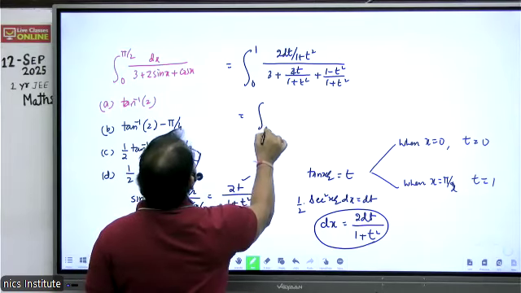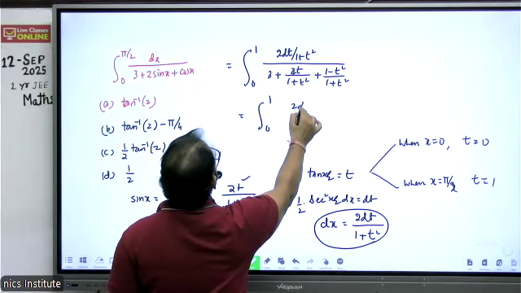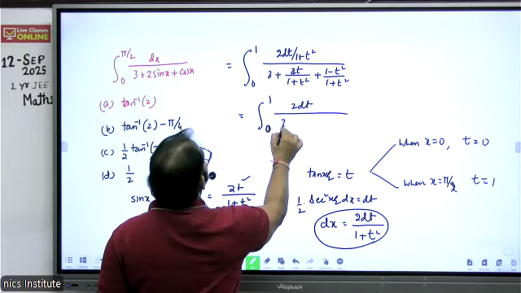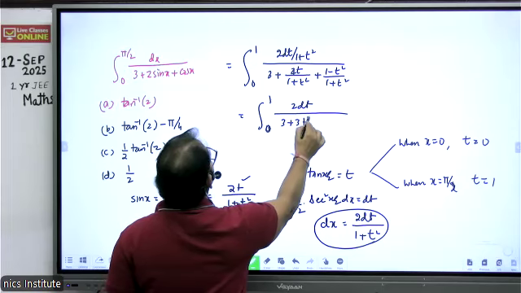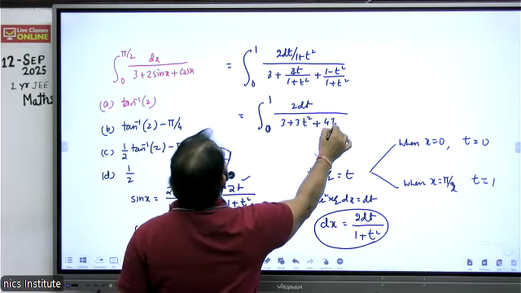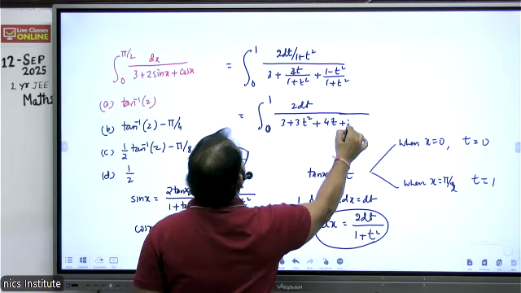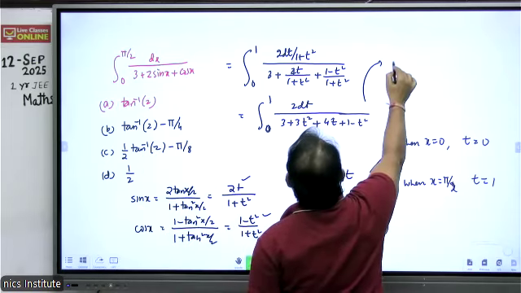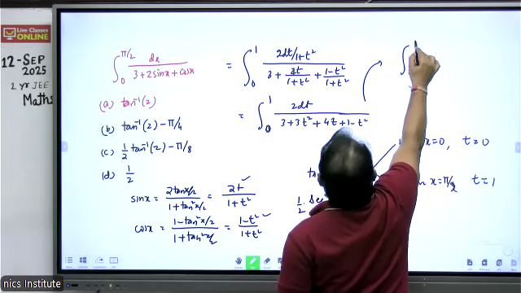So once you take LCM, it will cancel. 3 plus 3t square, 4t, 1 minus t square, 0 to 1.